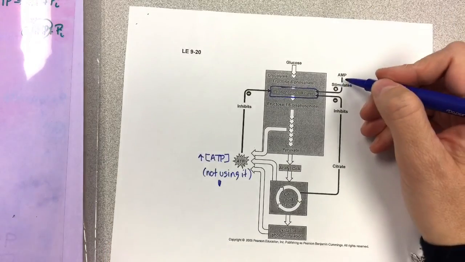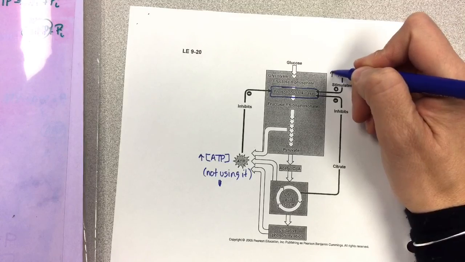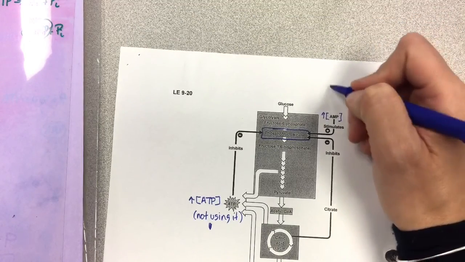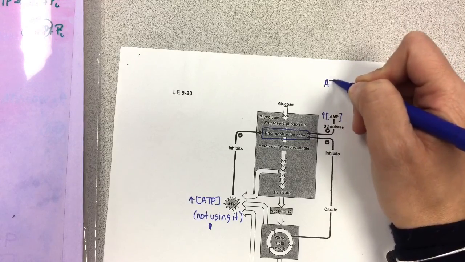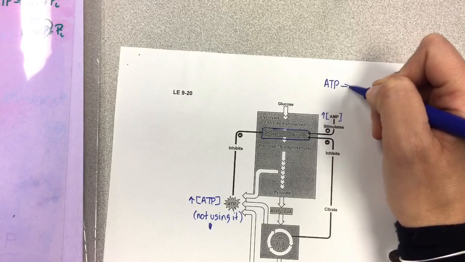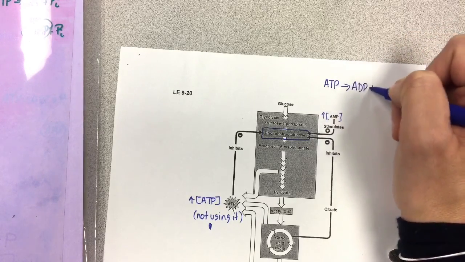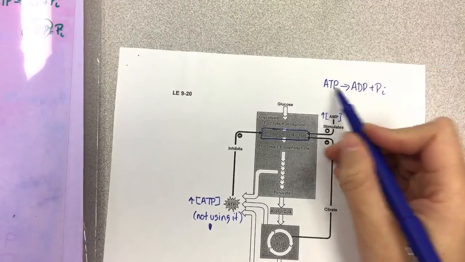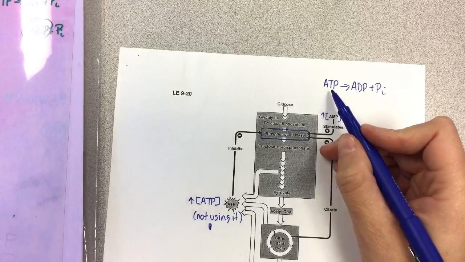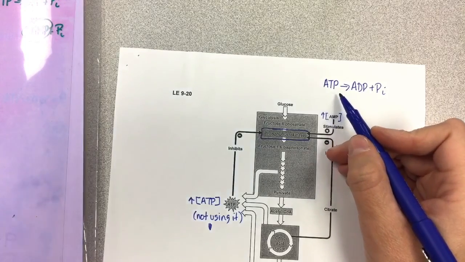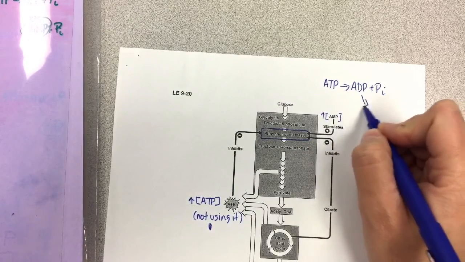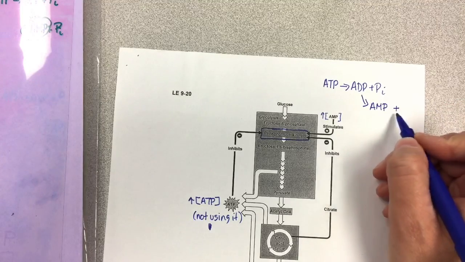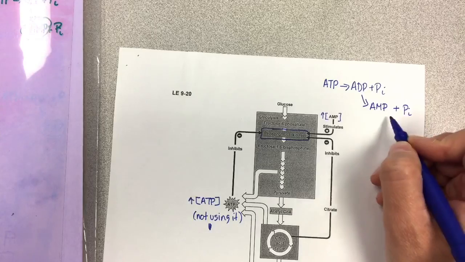Another thing, it says AMP. If the AMP concentration increases, let's talk about what AMP is. If we use our ATP, ATP breaks down into ADP plus an inorganic phosphate. But if you're using up ATP and you're not producing it enough, ADP can break down into AMP, which is adenosine monophosphate, and we can get a little bit more energy from it.